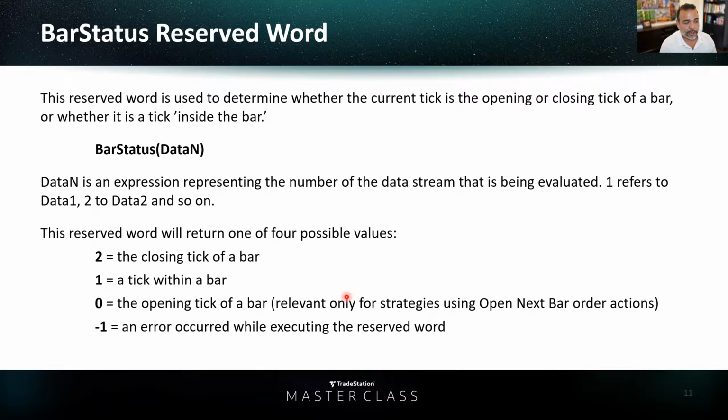If it returns a 1, you are in a tick within the bar. And if it returns 0, you're at the opening tick of the bar. So sometimes you want to have that precision as to where am I in the duration of a single bar. And when you use intra-bar persist, it makes sense because it's running the calculations on every single tick.